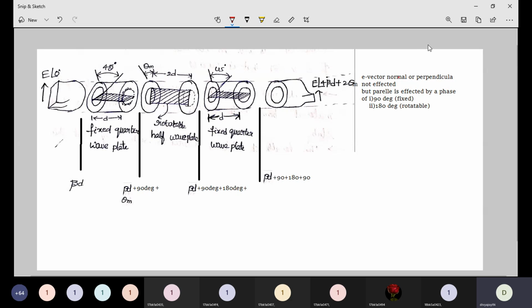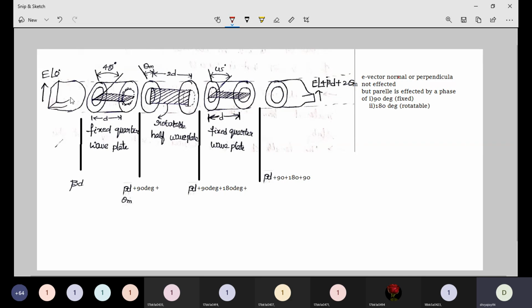when an electric field vector is perpendicular to this particular fixed quarter wave plate, that means you are passing a microwave with an electric field, and assume that when it reaches this circular waveguide, if that electric field is perpendicular to this fixed waveguide, then this waveguide is going to add a 90 degree phase shift.